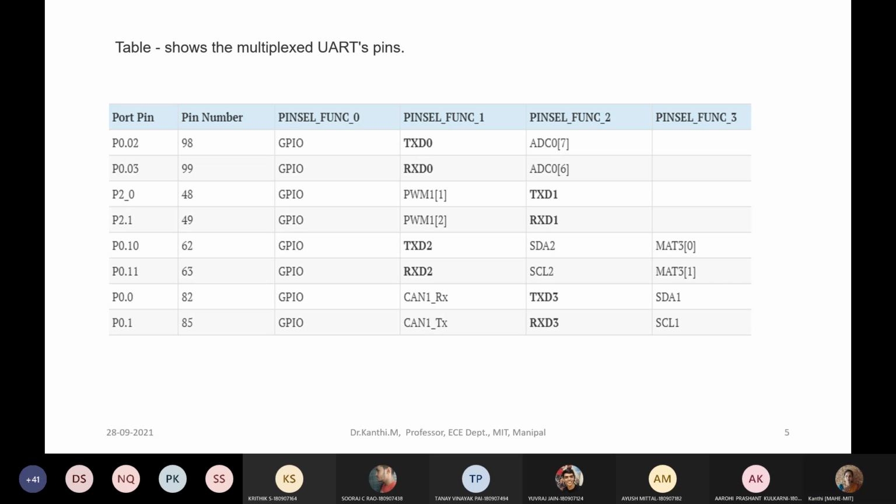TXD1 has pin select functionalities defined with PWM1, and so on. We have a number of pulse width modulators, which are normally used for controlling DC motors.